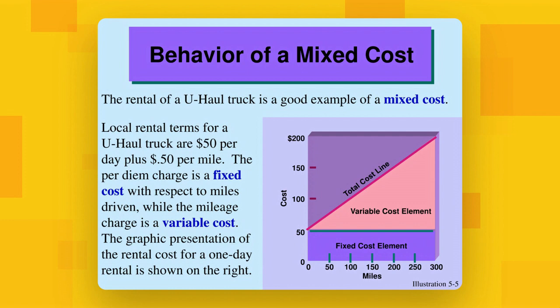Okay. This graphical representation will show the rental for one day. If you notice, class, the total cost line and the variable cost will go up, while the fixed cost naman is straight. So that's the meaning of your total variable cost.